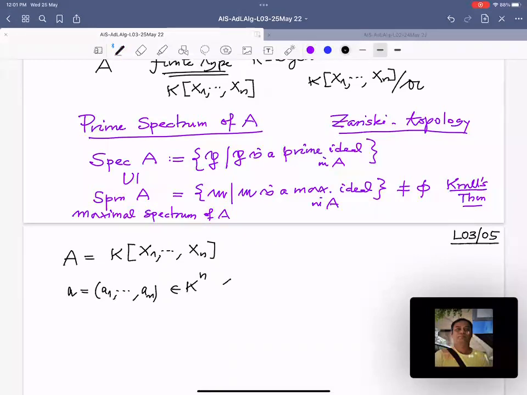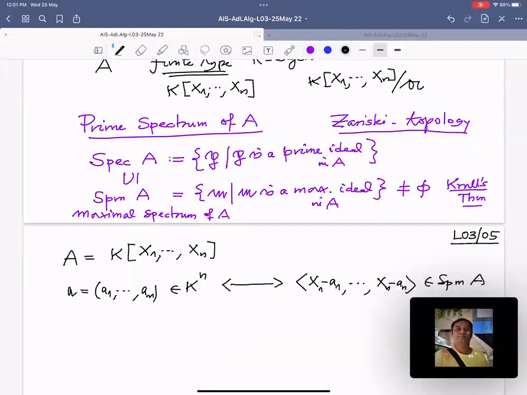Then this point will give you a maximal ideal, namely the ideal generated by x1 minus a1, ..., xn minus an. This is indeed a maximal ideal in the polynomial ring. That is very easy to see, because if you go modulo that, you get the field K, and therefore this is a maximal ideal. So points in K^n correspond to these special maximal ideals.